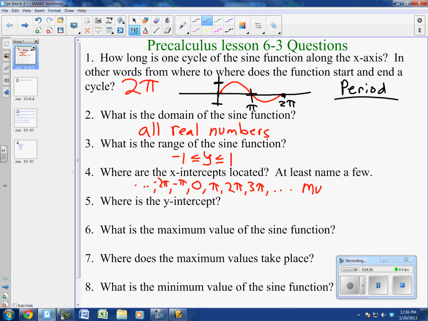Another way of saying it is multiples of pi. Got it? You'll notice on your graph it crosses the x-axis at 0, then pi, then 2 pi, then 3 pi, and so forth.